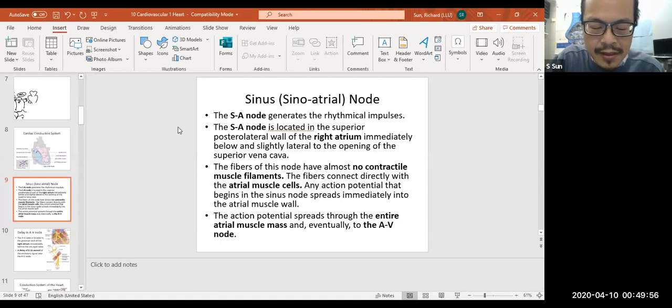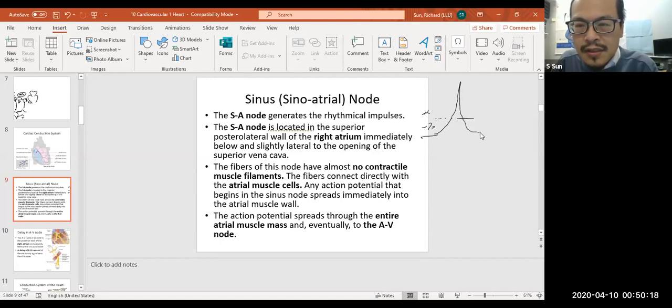Basically, this SA node has a membrane potential of -70, but it gradually depolarizes, reaches the threshold, generates an action potential, and resets, but it gradually depolarizes, hits the threshold again, and generates an action potential. So that's the SA node. It will generate an action potential, and it will send out signal to both left and right atrium.